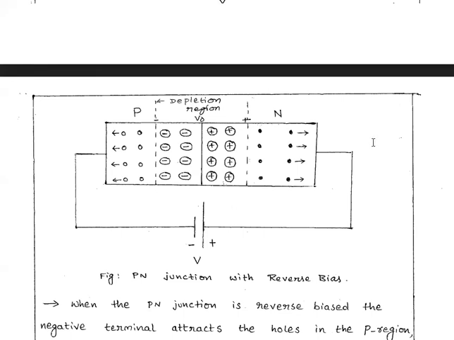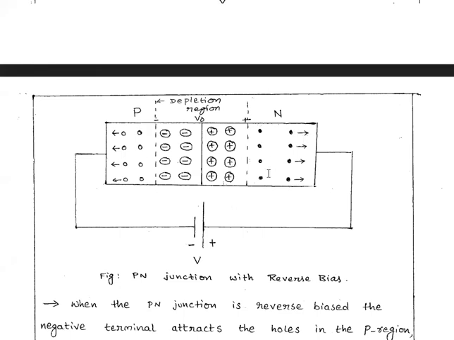Electrons forming covalent bonds in the semiconductor atoms in the p-type and n-type regions may absorb a sufficient amount of energy from heat and light to cause breaking of covalent bonds. Hence, electron hole pairs are continuously produced in both the regions.